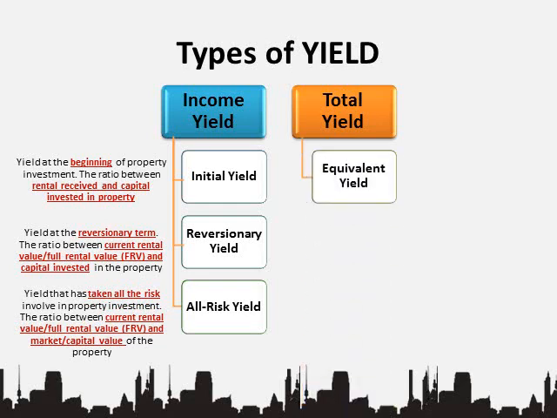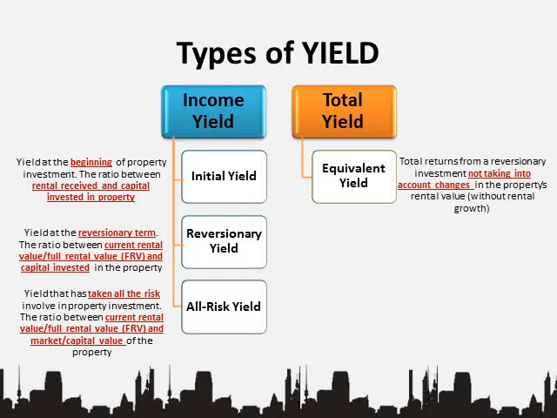Next we have total yield. Total yield is divided into two, which are equivalent yield and equated yield. Equivalent yield is more toward the total returns of the investment, whereby it does not take into consideration the changes of the rental, so we are not considering the rental growth of the property investment.